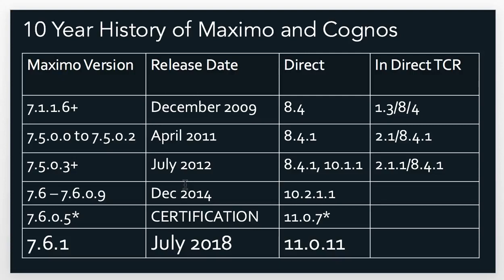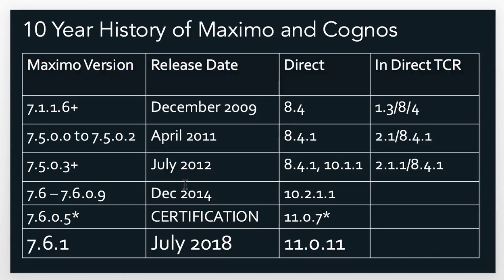This builds upon a very rich history that Maximo has with Cognos. Maximo actually started an entitlement with Cognos back way in the Maximo 7116 release, which was over 10 years ago. And you can see over time, we have greatly matured and kept up with the releases between Maximo and Cognos.